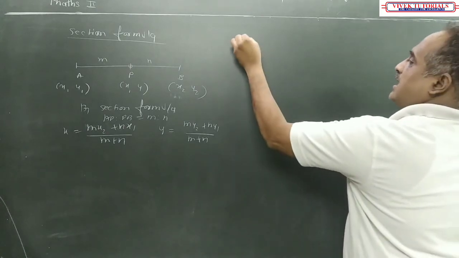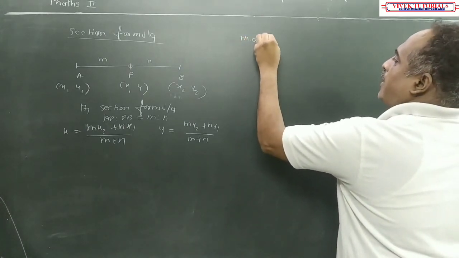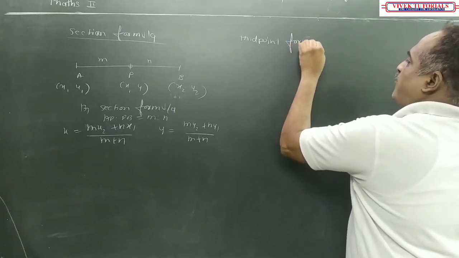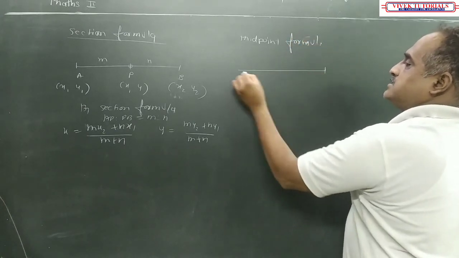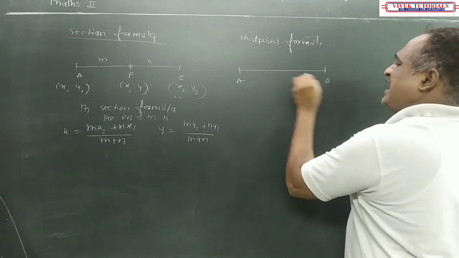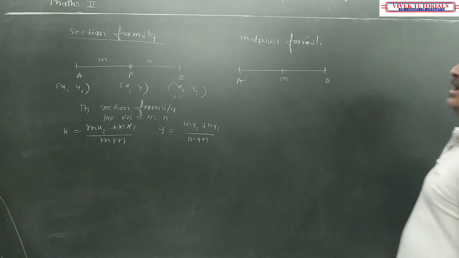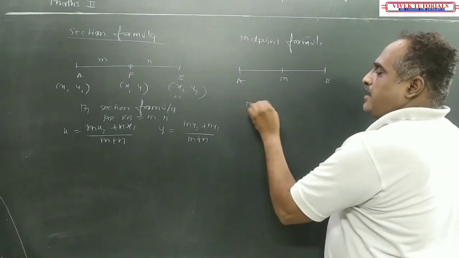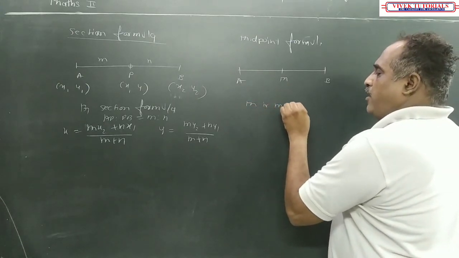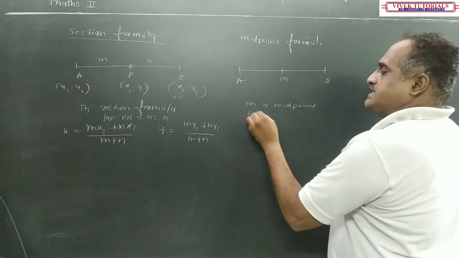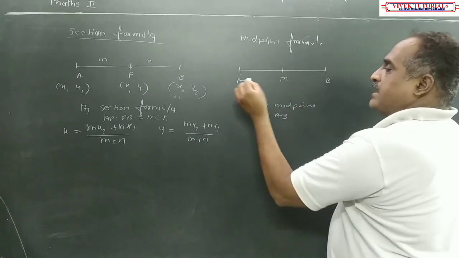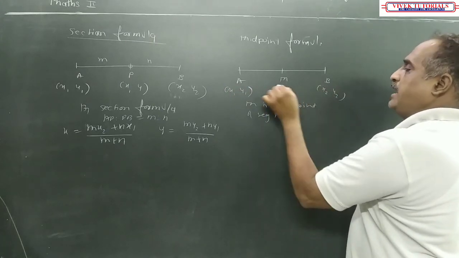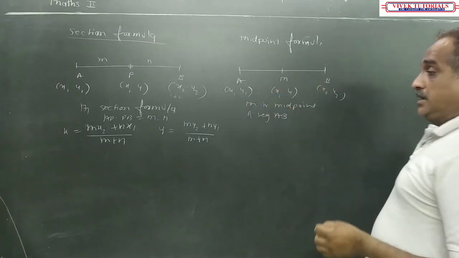Then the next one is the midpoint formula. In the midpoint formula, it is necessary that this point be the midpoint of AB. Is it right? So M is the midpoint of segment AB, this one is x1 y1, this one is x2 y2, and M is x y.